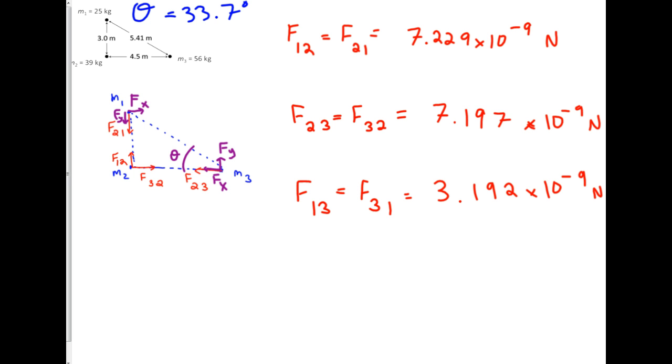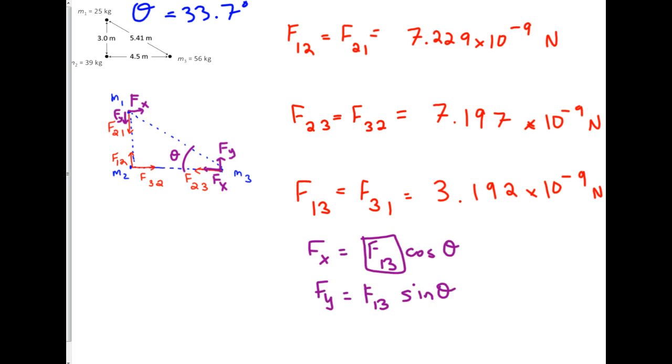Which means it's a simple matter finding Fx and Fy. Fx is the hypotenuse, F13, times the cosine of the angle. And Fy is that hypotenuse, F13, times the sine of the angle.